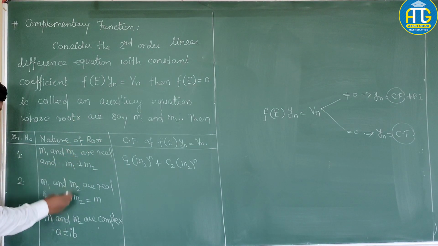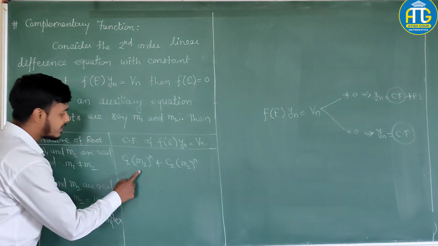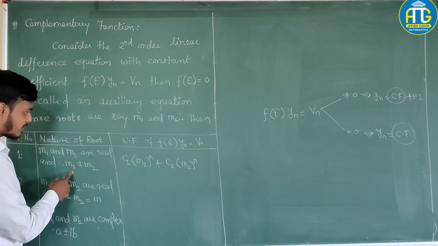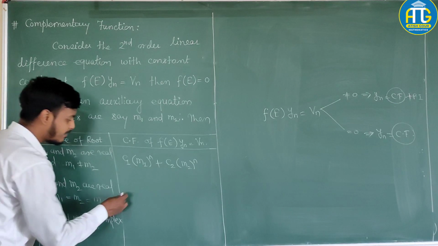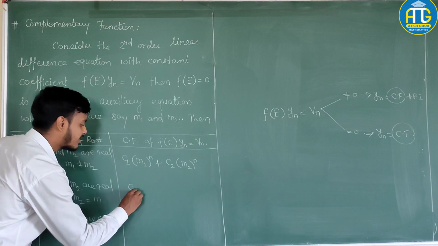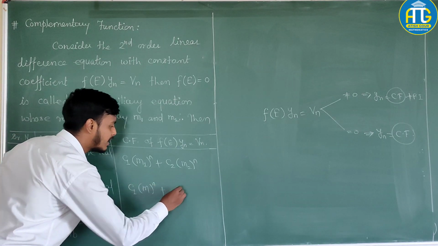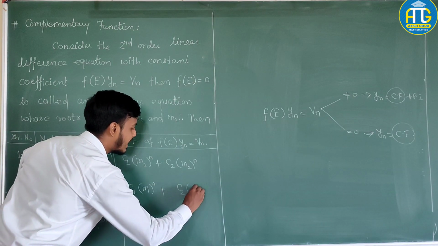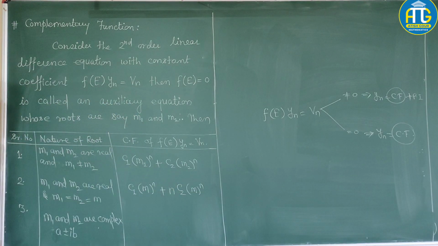So if you understand this, then this is going to be really very interesting. Now suppose we have 2 roots and both are same, say m. So my complementary function would be c1 m to the power n plus c2 m to the power n, and you just have to multiply the second solution by n.